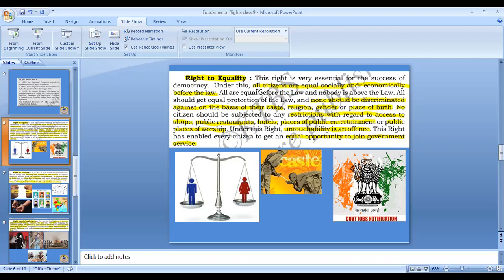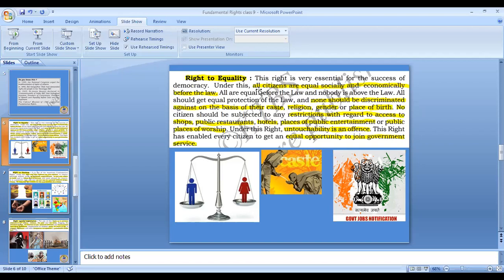Before entering, nobody will ask which caste or religion you belong to, because the Indian Constitution mentions the right to equality. If they do that, it is a punishable offense.